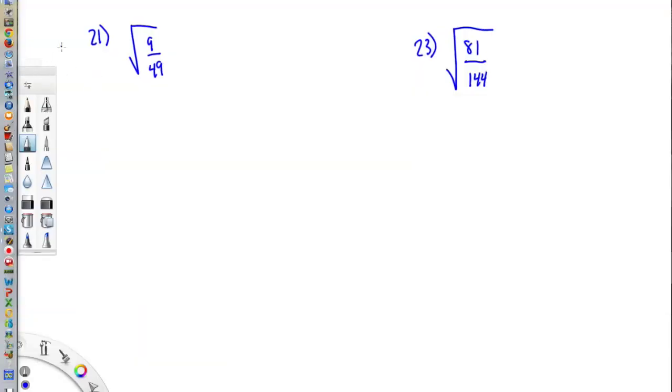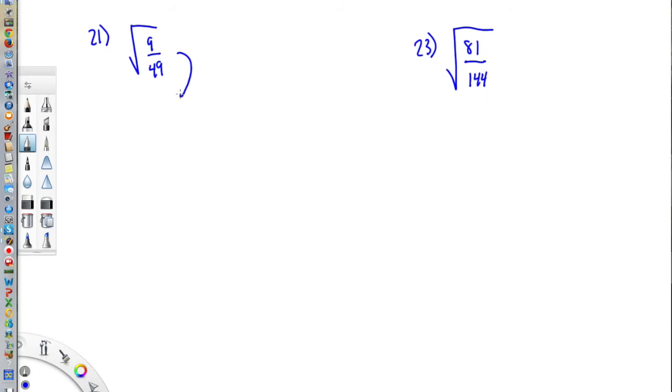Now let's find the square root of some fractions. Now, I would suggest to you, you could actually treat the fraction as a division problem, divide through, and then find the square root of that quotient.